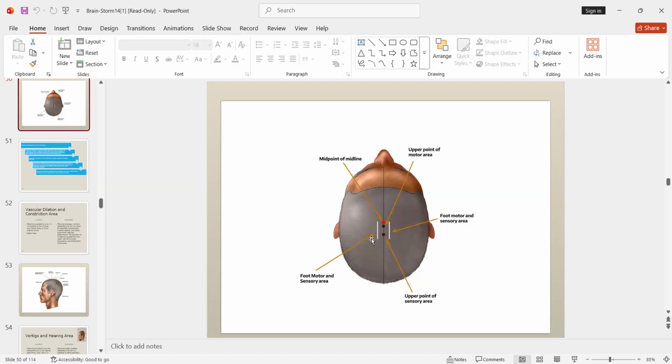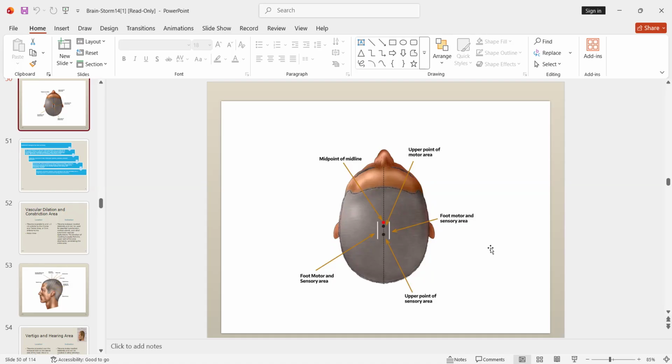In Parkinson disease, you use this area. Then another area is starting from the line. You see where this motor area starts: the midpoint of the mid sagittal line.